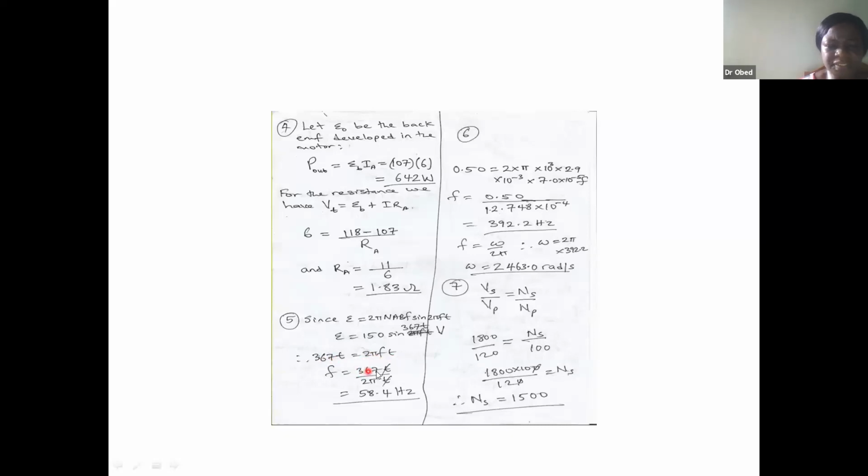Equating 367 T to 2 pi F T and making F the subject, you have 367 T over 2 pi T. T and T cancel out, and you have 367 over 2 pi. Pi is 3.14, so 2 times 3.14, you write it there, then you evaluate this and you should get this. Quite a number of students got it correctly when we had the class. In case you didn't, this is the way to go.